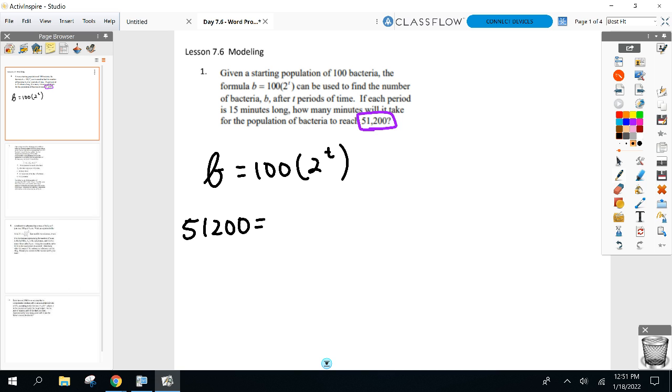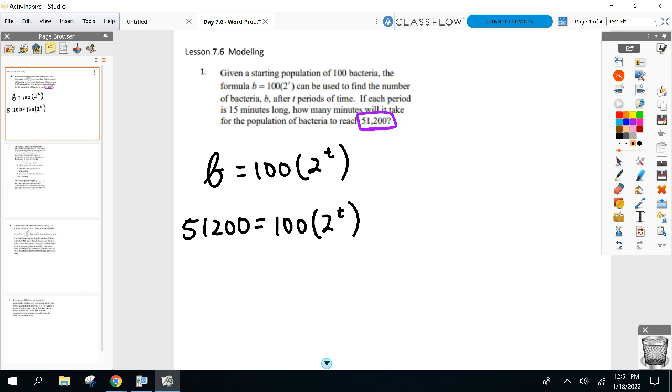I need something to solve. So I'm going to solve for T, which stands for periods of time. And I want to know how many minutes at the end. There's 15 minutes in every period, so I'll get to that at the end. Right now I need your help solving for T: how many periods it'll take to reach 51,200.